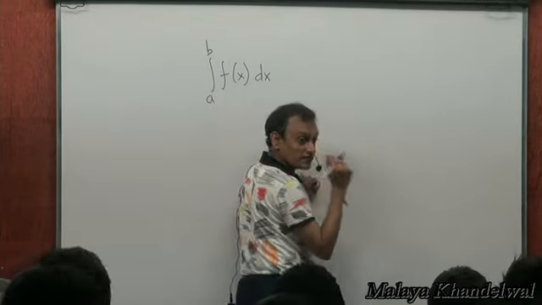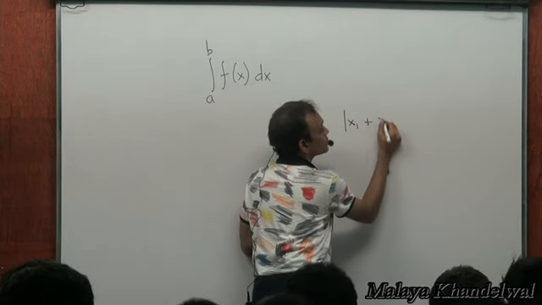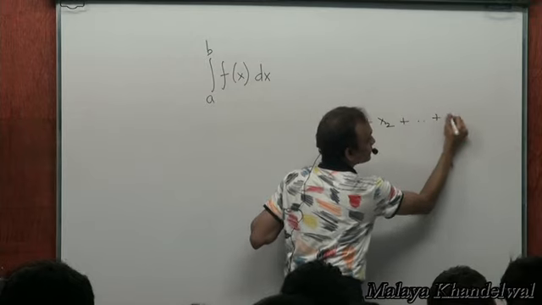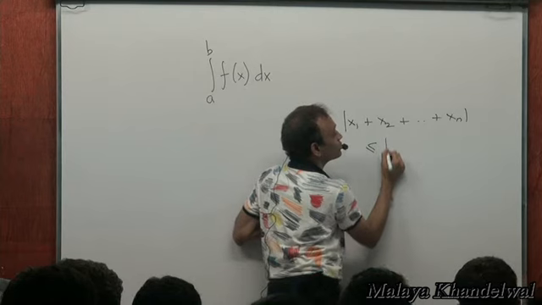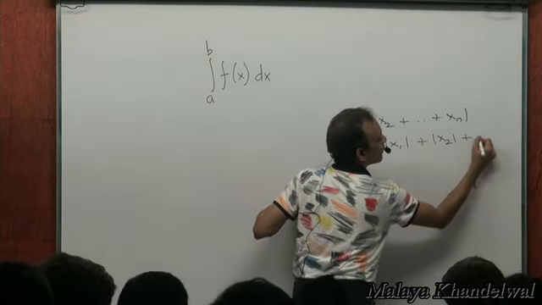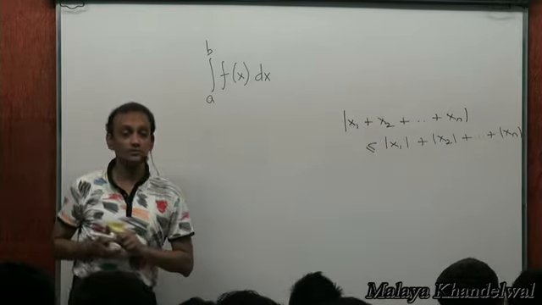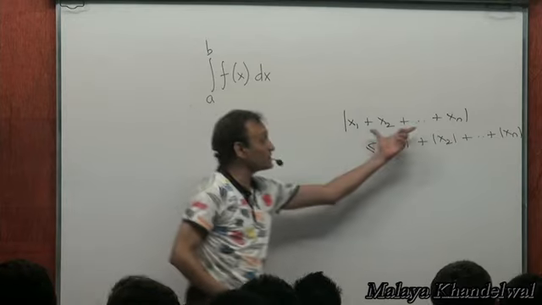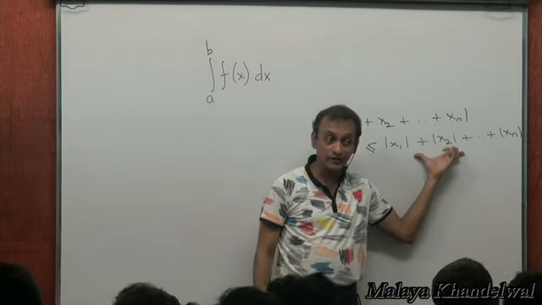One of the properties that we've learned for summation is that the modulus of x1 plus x2 plus up to xn, the modulus of the sum, will be less than or equal to the sum of the moduli, right?